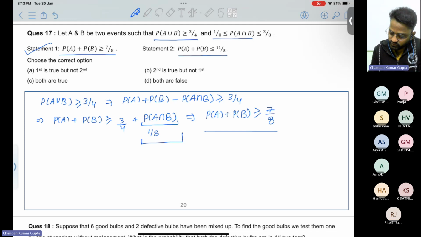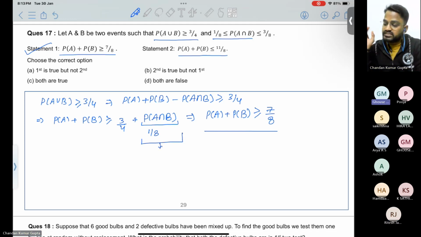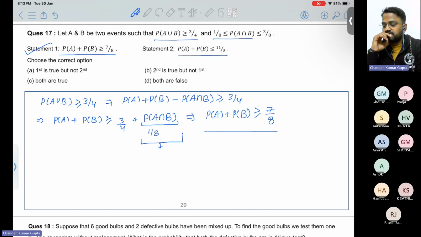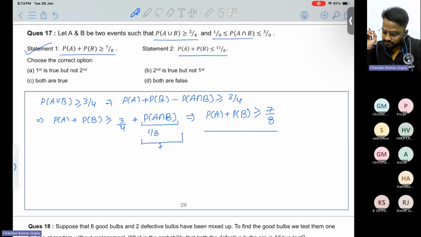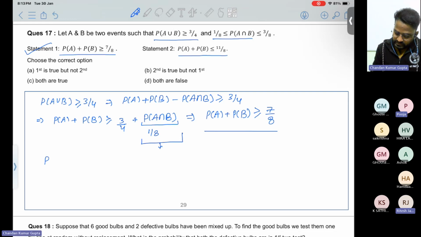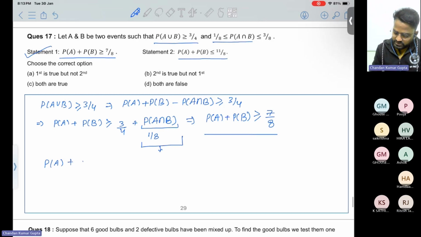Maximum value of A union B. Like we can write 3 by 8. Yes, 3 by 8. Probability of A plus probability of B can be written like from here itself. Okay, let me write clearly.